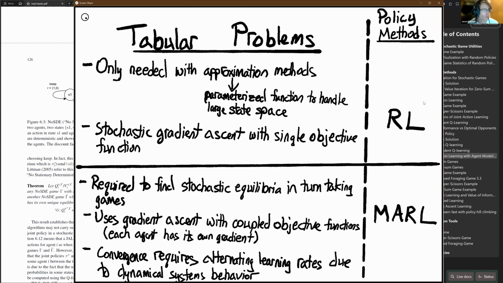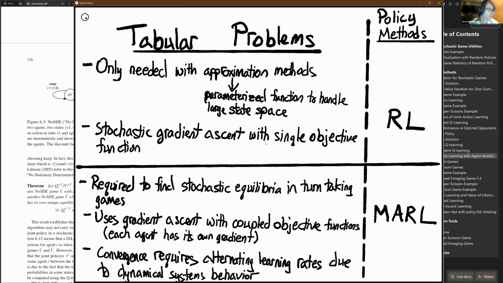Now, in ordinary reinforcement learning, we only looked at policy methods much later on when we were looking at approximation techniques, because you don't need to use policy methods for tabular problems. There's always a deterministic policy that you can derive from the action values. But if we're using parameterized functions, then you can use something called a policy gradient technique, where you use a gradient ascent algorithm that continues to optimize the policy to achieve the objective of maximizing the reward for that policy.